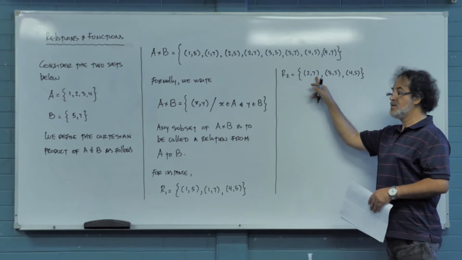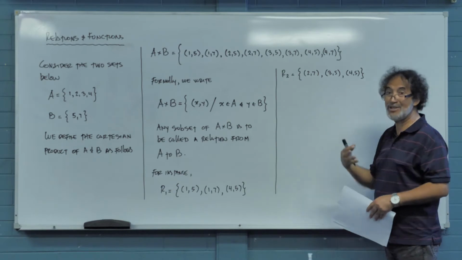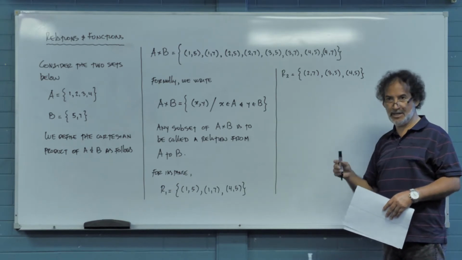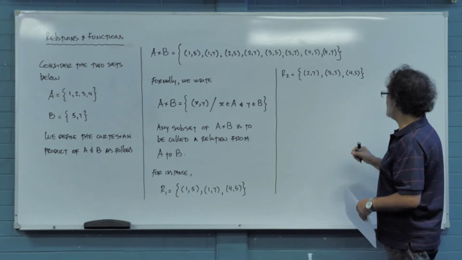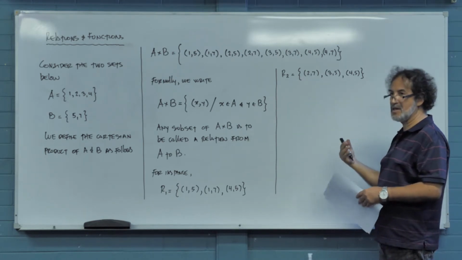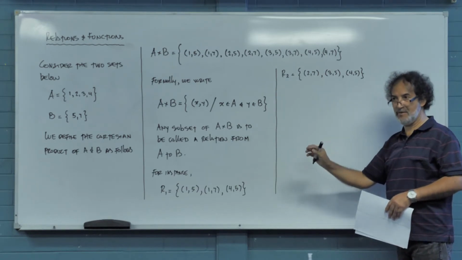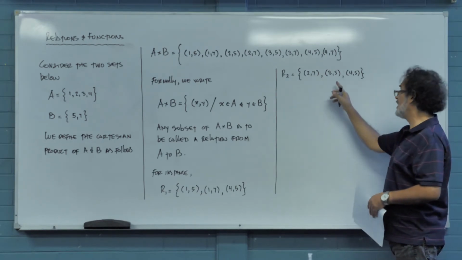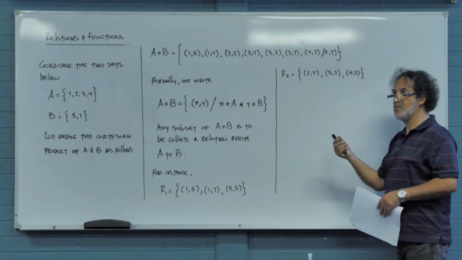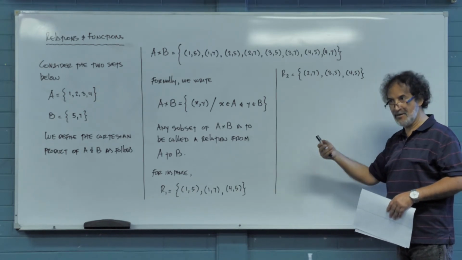We don't know what the relation is. Sometimes we can work it out. Sometimes you can see a pattern and say, okay, the second number is double the first one, or the second number is the square of the first number minus 1, and things like that, right?